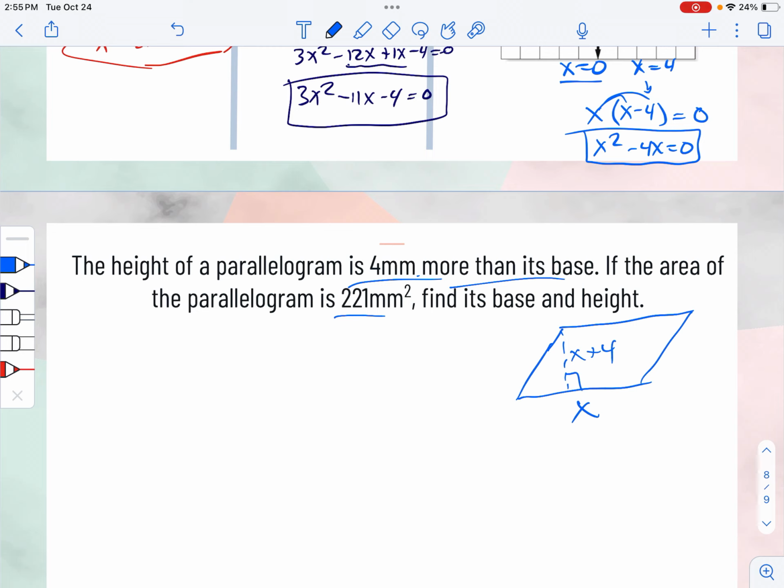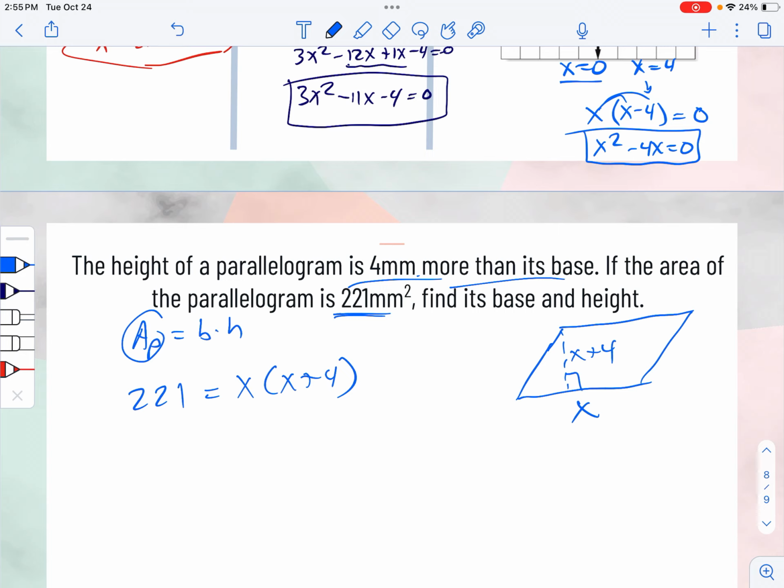Now, area of a parallelogram is base times height. So if I take my area, which is 221, and then take the base, which is x, times the height, which is x plus 4, I just need to solve this.